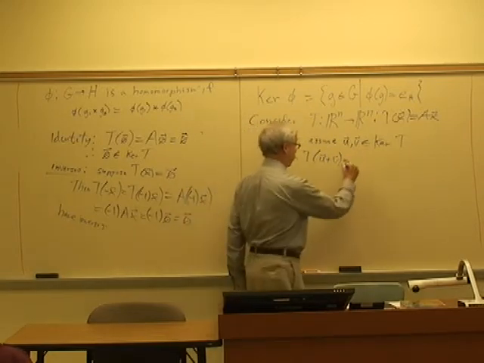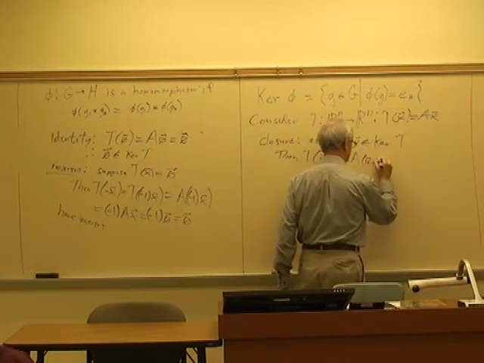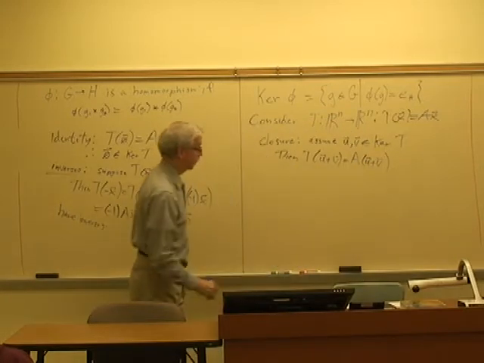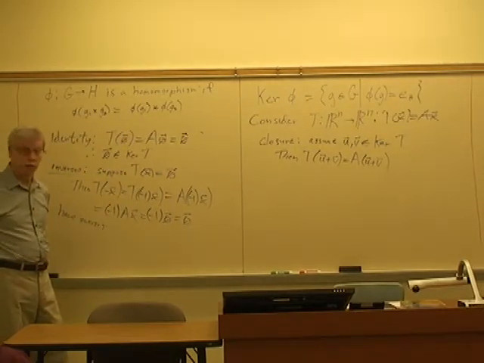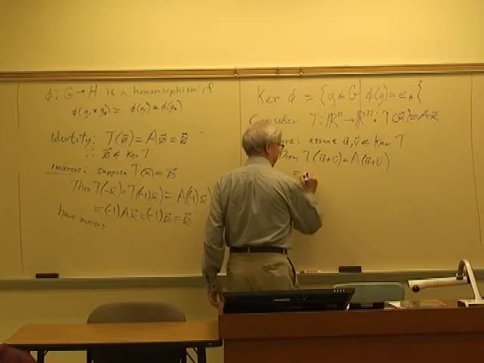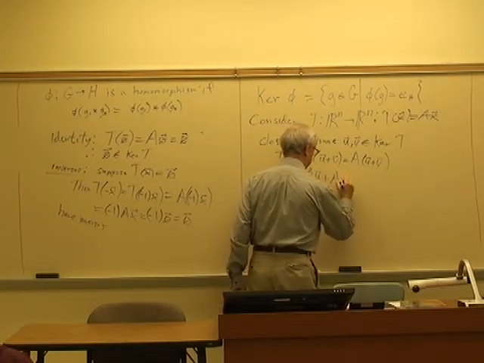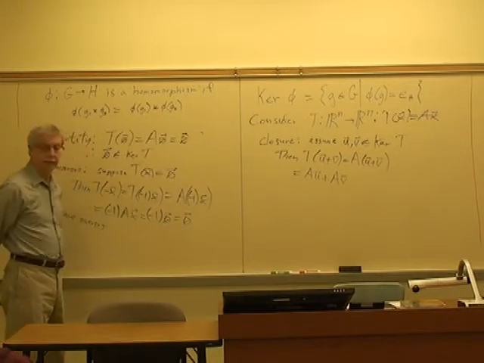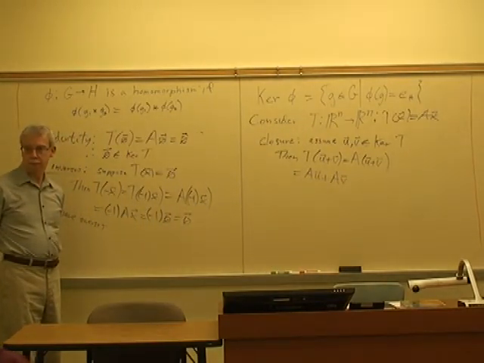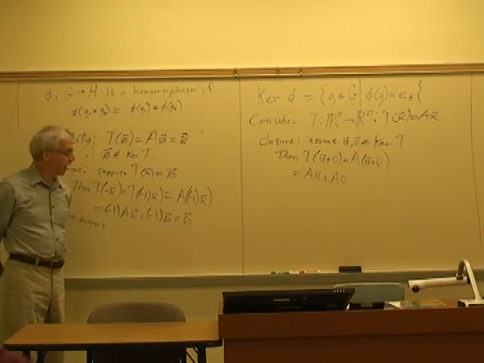Well, that by definition is A times the vector sum u plus v. But according to the rules of matrix arithmetic, what can I do with that A? Distribute. That's the same as Au plus Av. But where do u and v live? In the kernel, right? So what's A times u?